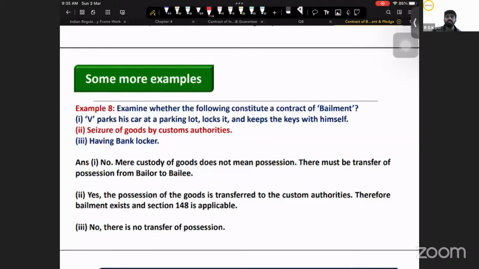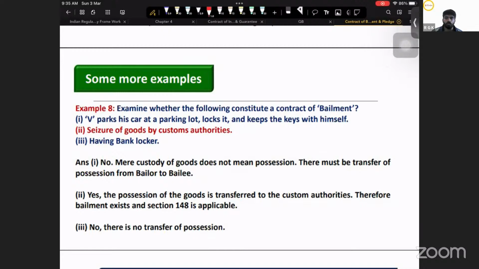Possession should transfer from one hand to another hand. Only then will it be considered a valid contract of bailment. That is why, in this case, there is no contract of bailment. So you should keep in mind this particular part.